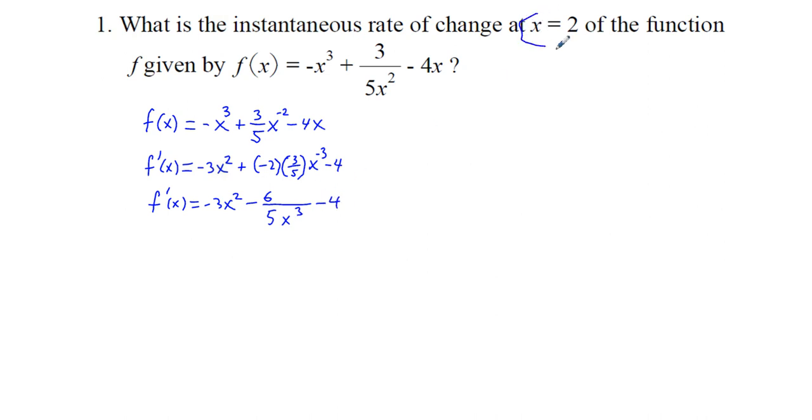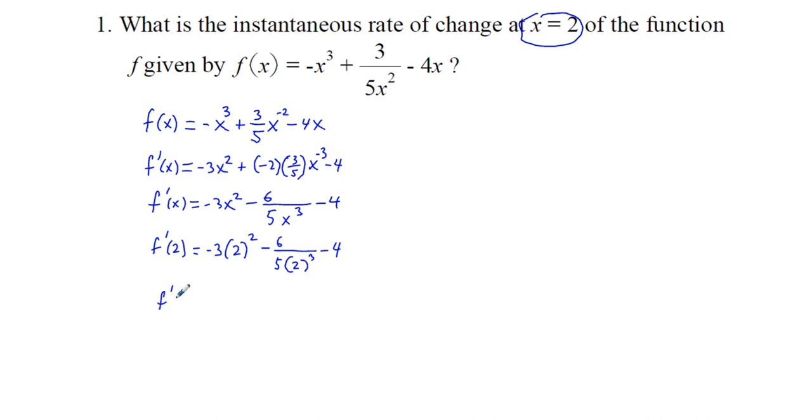Now for plugging in x equals 2, f prime of 2 is going to give us our instantaneous rate of change at x equals 2. Plugging in, we get negative 3 times 2 squared minus 6 over 5 times 2 cubed minus 4. So I think we're going to be looking at a simplifying exercise here shortly.